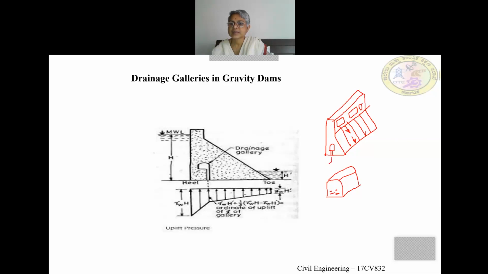Water will seep in like this and it will get collected in the drainage gallery. And this collected water will be drained off to the downstream side through a connected pipe. So the water which will flow like this along the length of the dam will be stored here, and then it will flow like this in this direction.